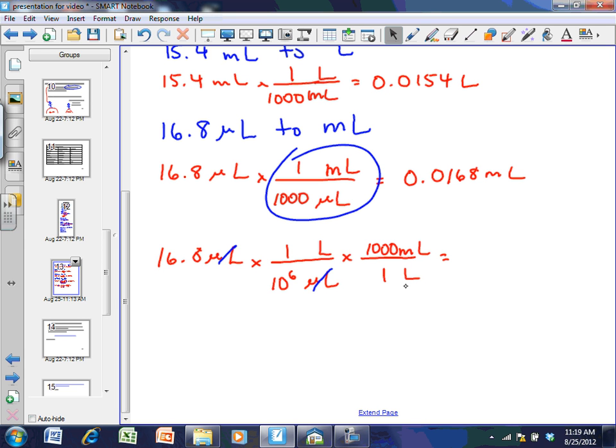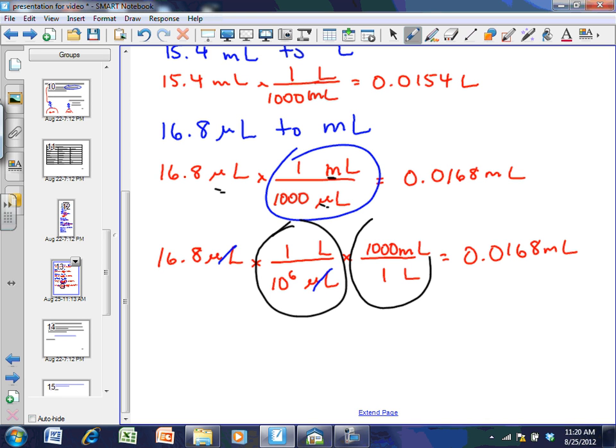And I will get the same answer as above, 0.0168 milliliters. And so what you've done is go to the base unit rather than go from a prefix directly to a different prefix. I know how many are in each base unit. So that's a conversion factor. That's a different conversion factor.